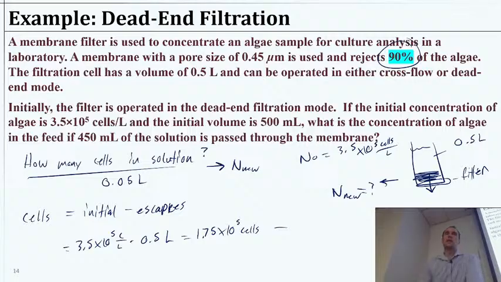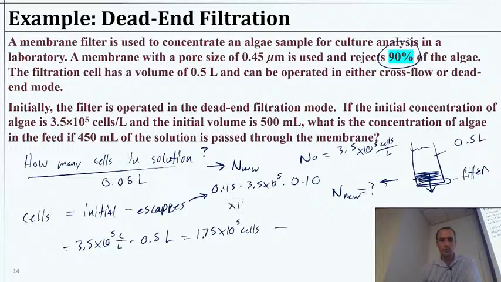Then we need to subtract how many left. So the number that left, the escapees, will be that 450 milliliters times the 10% times the concentration that was in that to begin with. So we can say this will be 0.45 liters times our 3.5 times 10 to the 5th times the 10% that made it through. That turns out to be close to 10 times less than this guy.